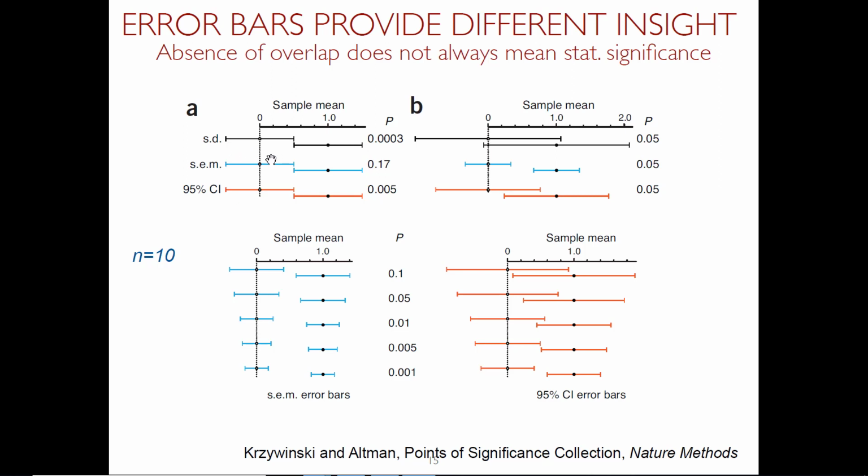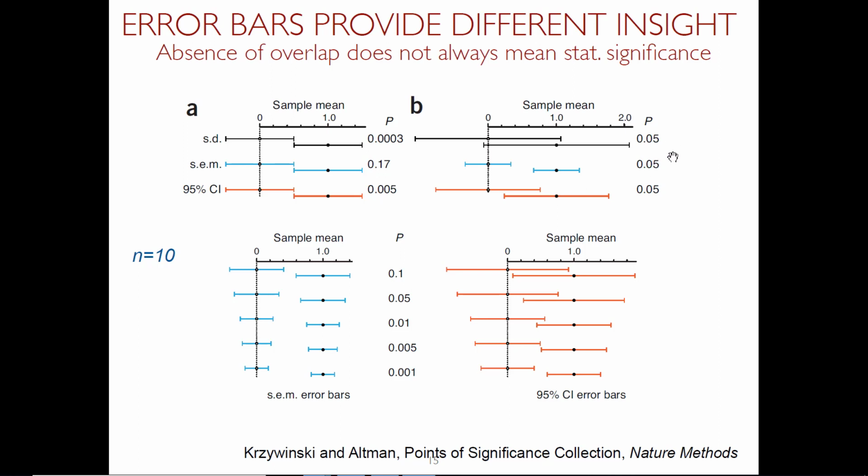These identically looking intervals correspond to very different p-values depending on what they represent. In this particular case, if it's a standard deviation, with n equals 10, it's actually a statistically significant difference between the means. But if it's a standard error of the mean, it corresponds to a p-value which would not pass the significance.